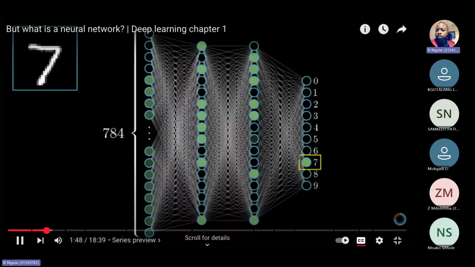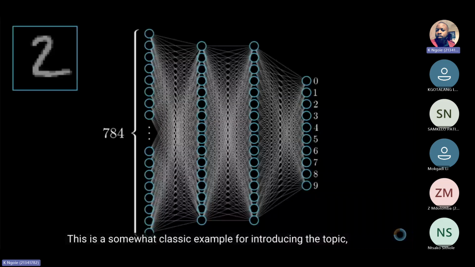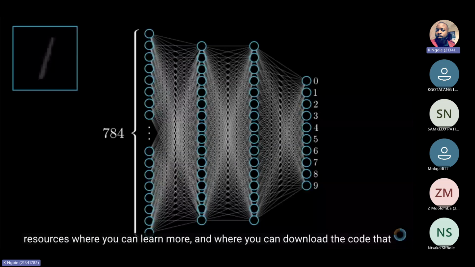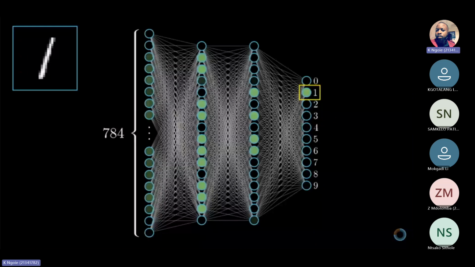This is a somewhat classic example for introducing the topic, and I'm happy to stick with the status quo here, because at the end of the 2 videos, I want to point you to a couple of good resources where you can learn more, and where you can download the code that does this and play with it on your own computer. There are many, many variants of neural networks, and in recent years there's been sort of a boom in research towards these variants.